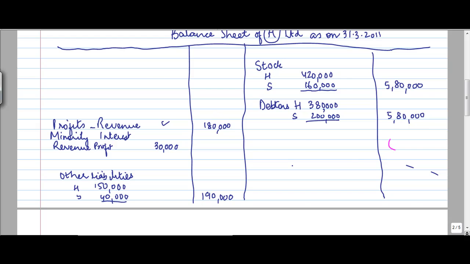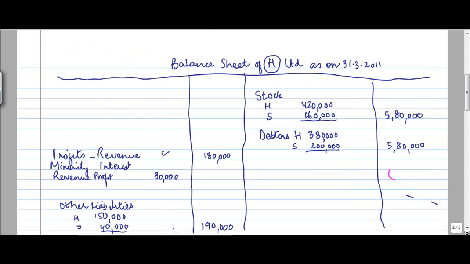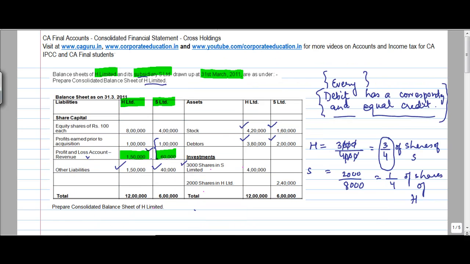So what I did was the split of 2,10,000, 150 plus 60 has been accounted for over here, 180 plus 30. So again, my credit is complete. So this is gone, this is gone. Or maybe I can just use this marker to highlight what all adjustments are done.